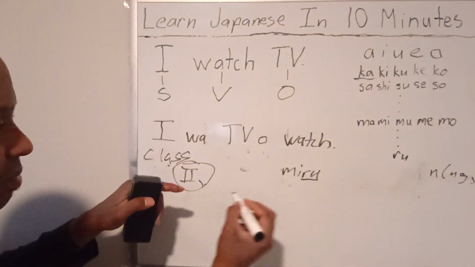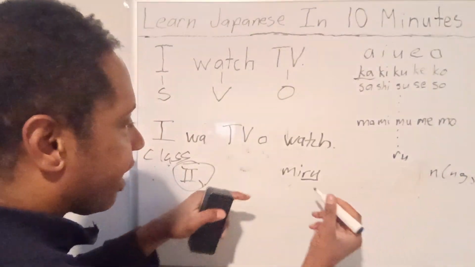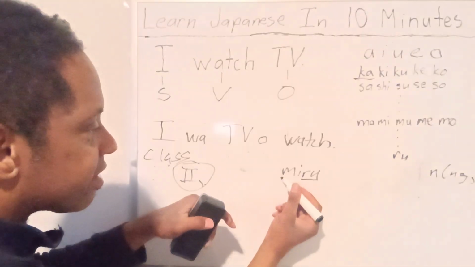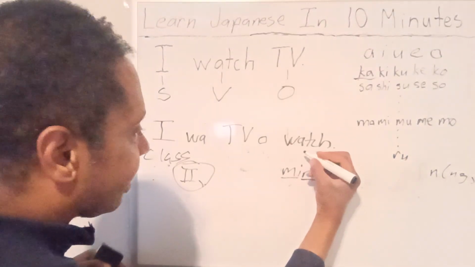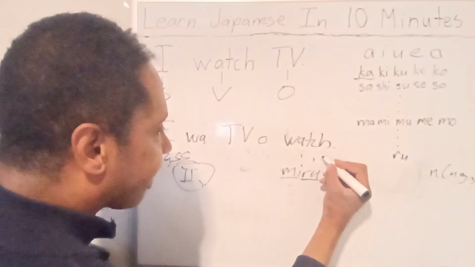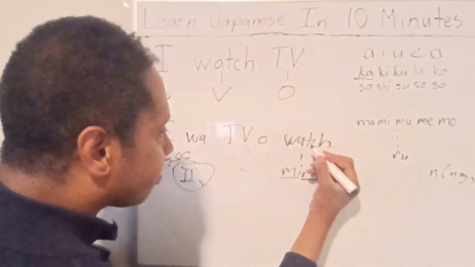Class 2 verbs always end in ru and are preceded by something from the E column or the I column.